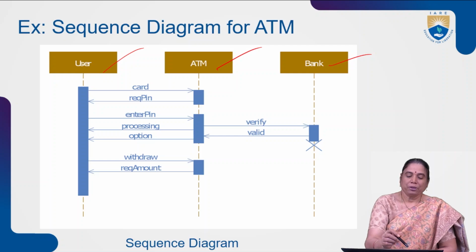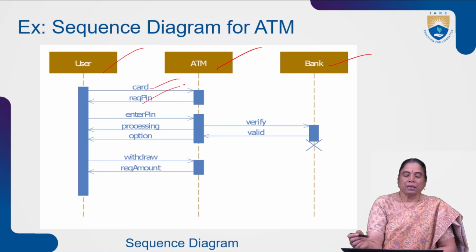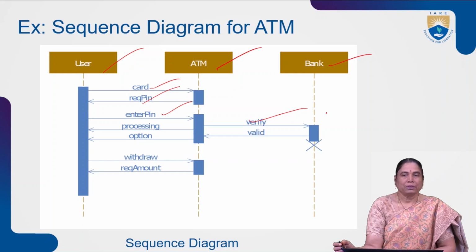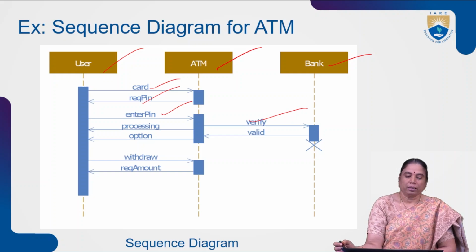Here the user first inserts the card so that the ATM requests the PIN. If the user enters the PIN, then the processing must be activated so that the ATM system verifies with the bank whether it is a valid PIN or not.